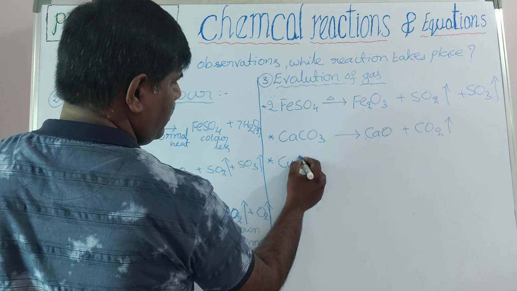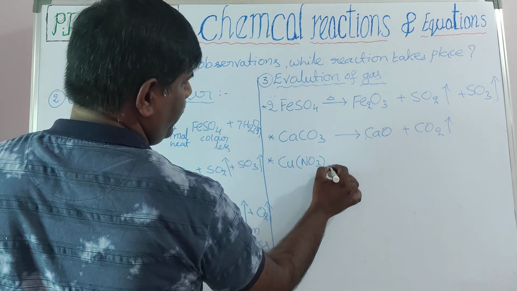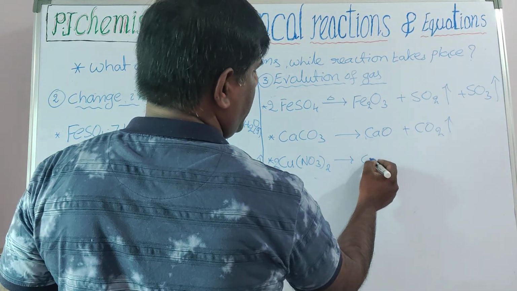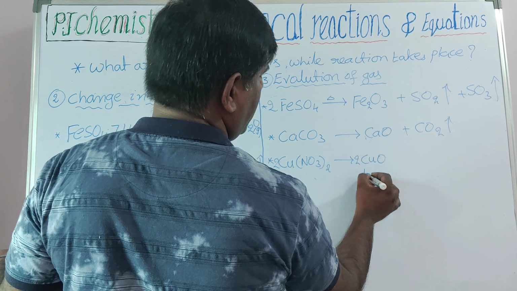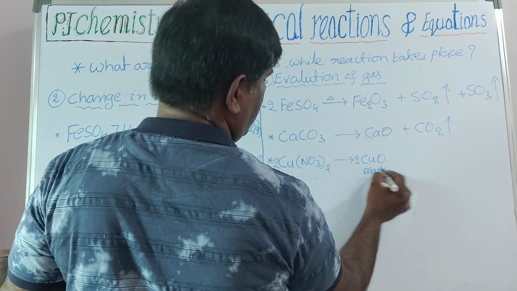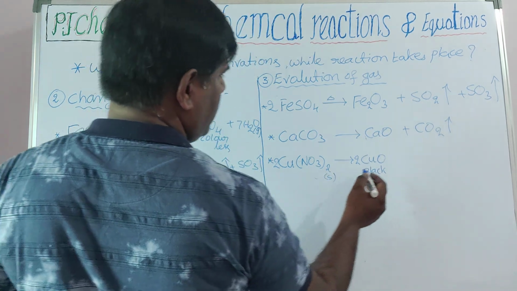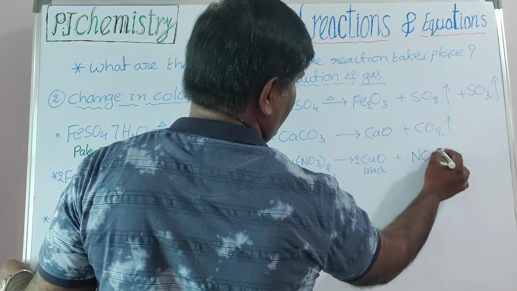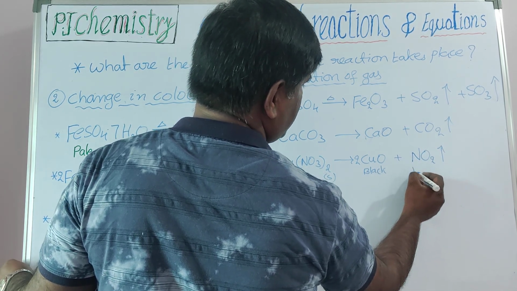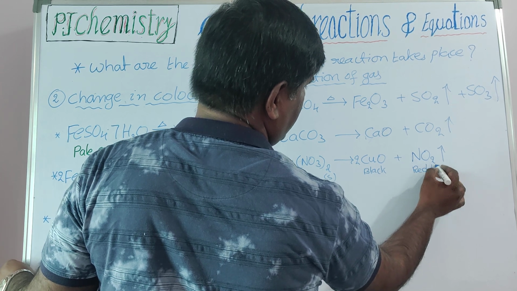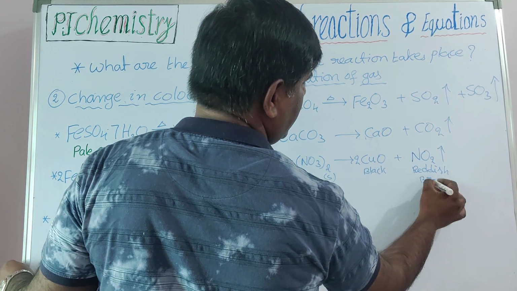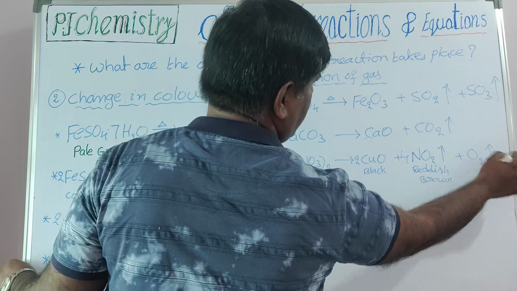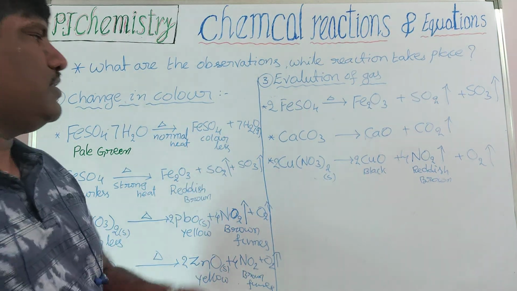Copper nitrate, Cu(NO3)2, when it gets decomposed gives copper oxide, which appears black, nitrogen dioxide, a reddish brown gas, plus oxygen, a colorless gas. Like that, gases are liberated.